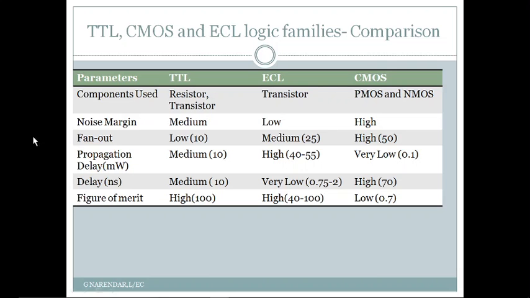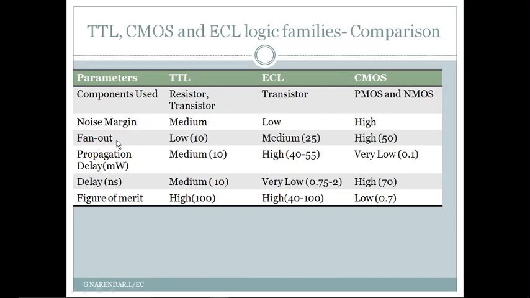Here the noise margin is high for the logic gates of the CMOS family, and it is low for the ECL family, and it is somewhere in the mid for the TTL family. It means logic gates from the CMOS family are highly tolerant to noise.